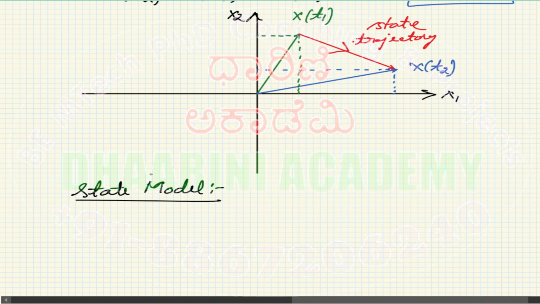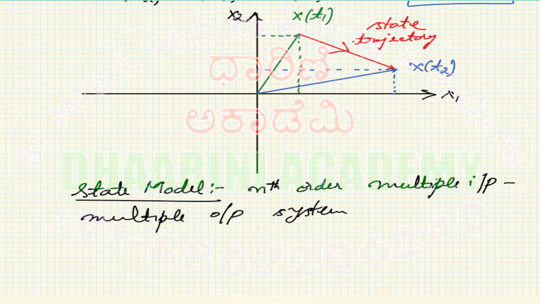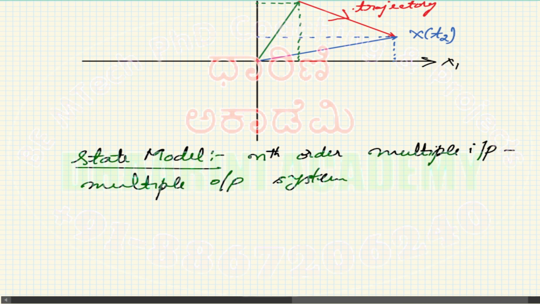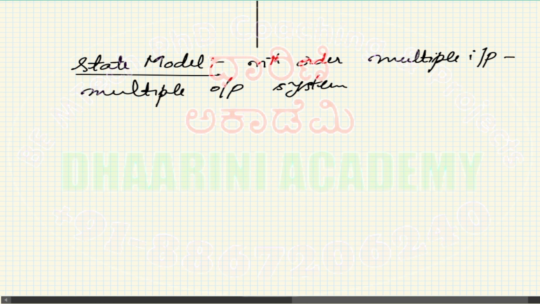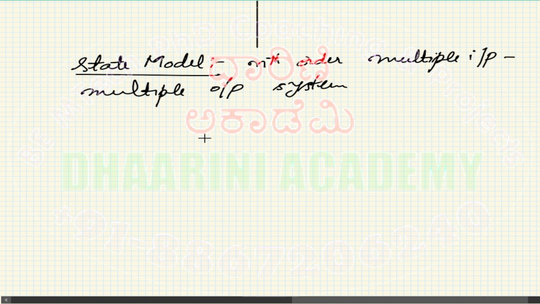Let us consider an nth order multiple input, multiple output system. We are going to consider a multiple input, multiple output system now, and it is of order n, in the sense the equation of that system is of nth order. So let's try to write a model for that.